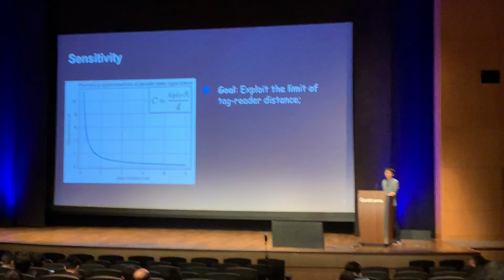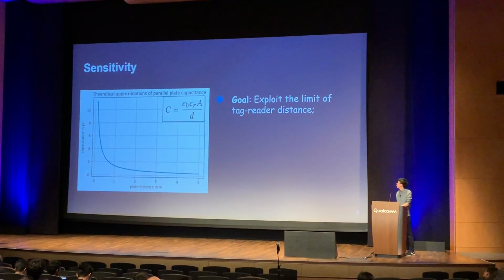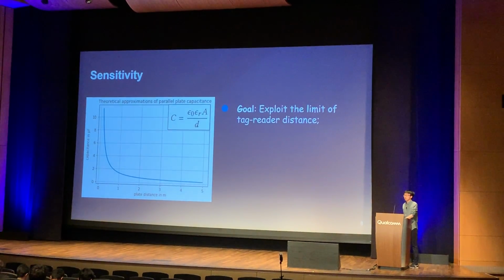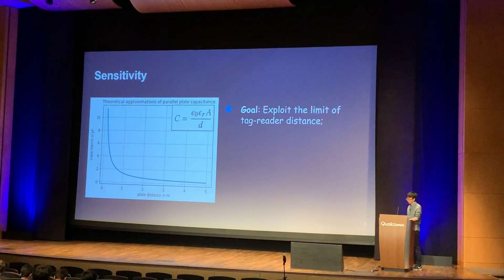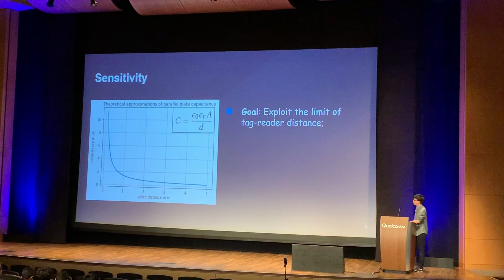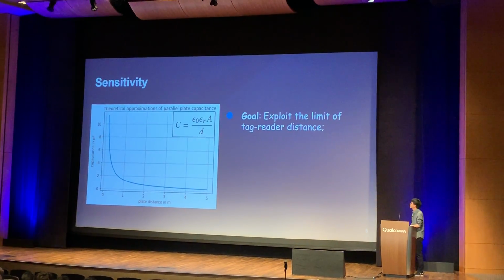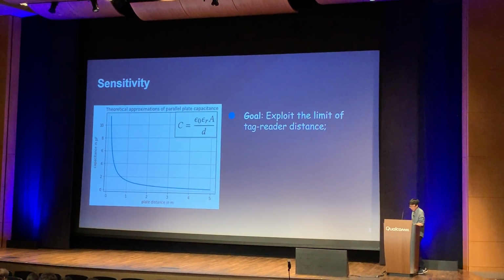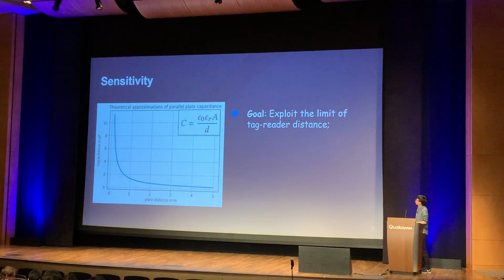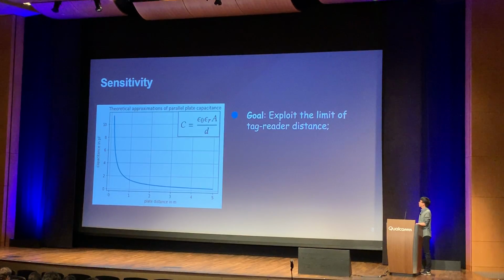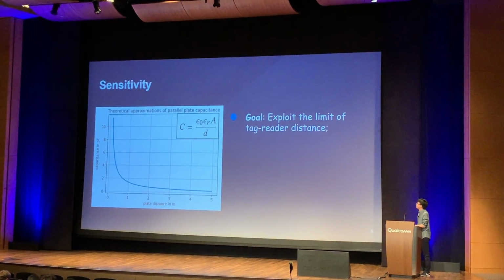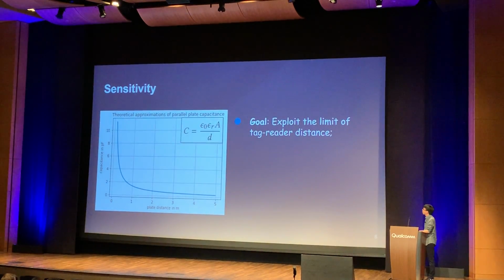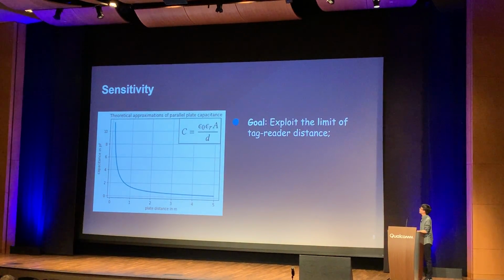As the question asked in the previous presentation suggested, one of the very important goals for designing such tags is to evaluate the sensitivity. To demonstrate this clearly, we show the correlation between the capacitance of a plate antenna and the corresponding distance.